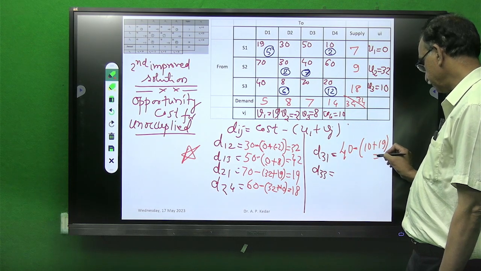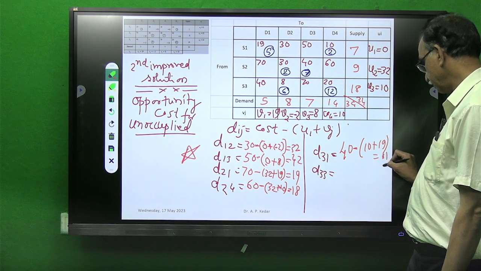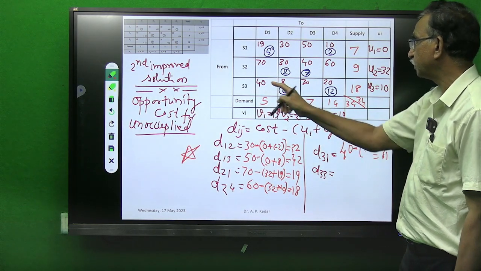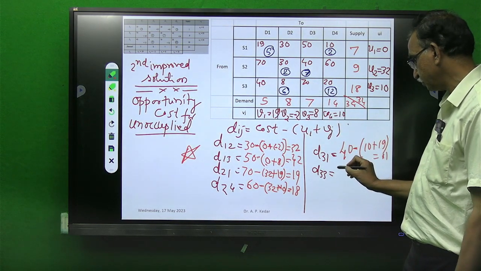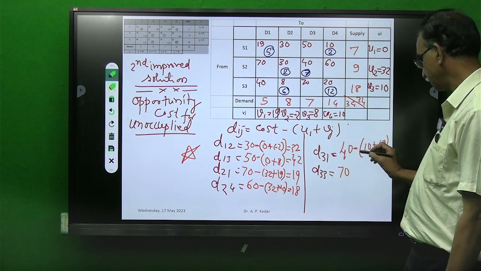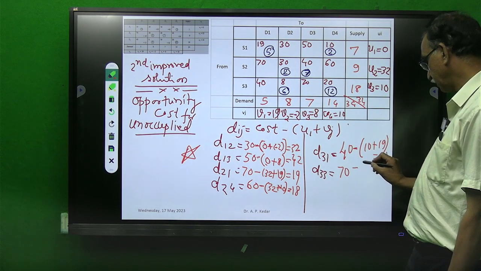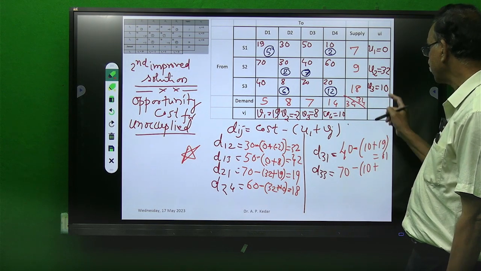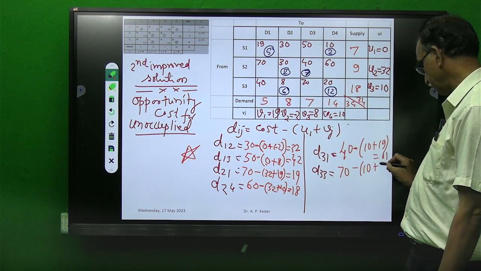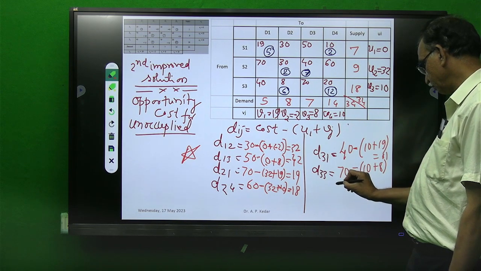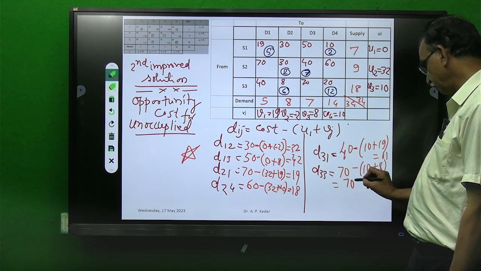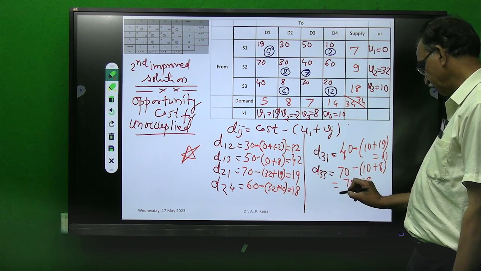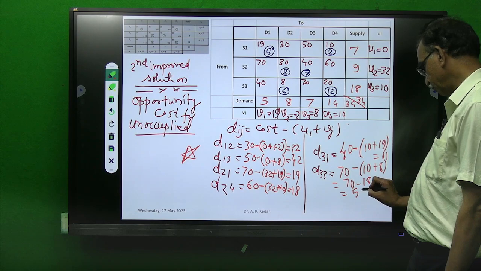So ultimately it is 11. And D33 is 70. This value is 70 minus, for the 70 it is 10 plus the corresponding 18. So the value is 70 minus 18. So that is 52.